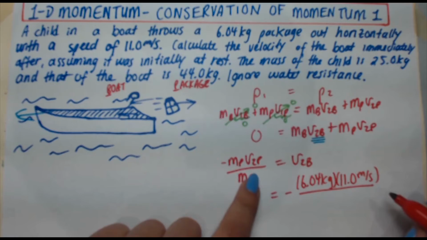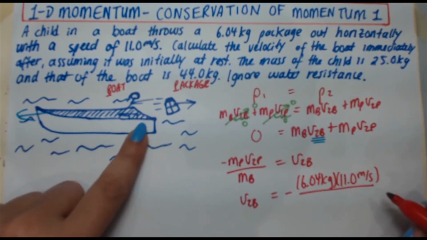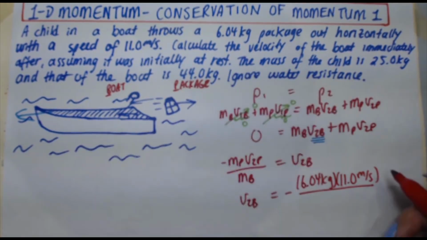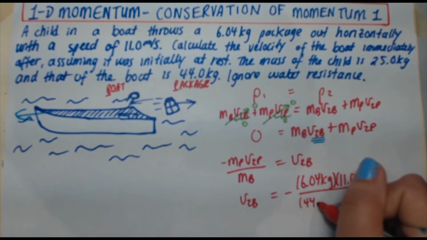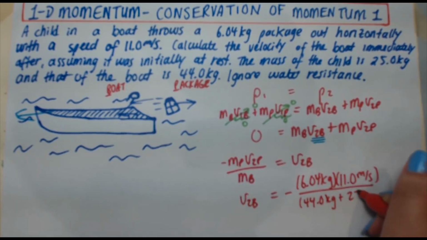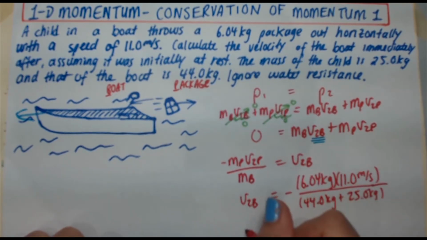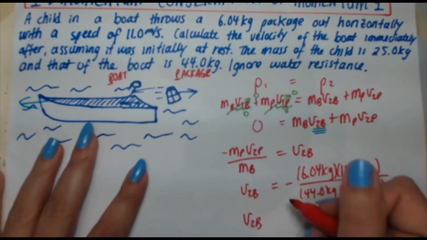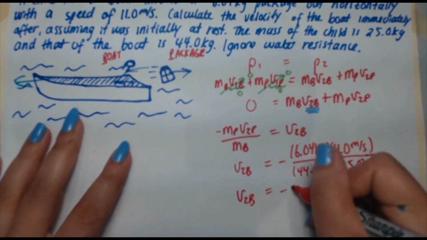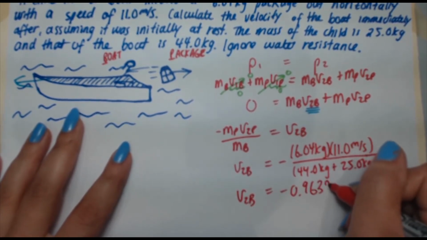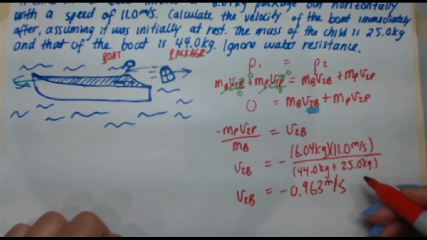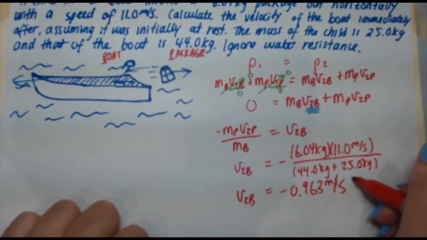Remember, that's pretty much everything that's left over, which includes the child. So 44.0 kilograms plus 25.0 kilograms. When you calculate this whole expression, you get v2b equal to negative 0.963 meters per second. And that is correct to the right number of sig figs because we have 3 in the question.